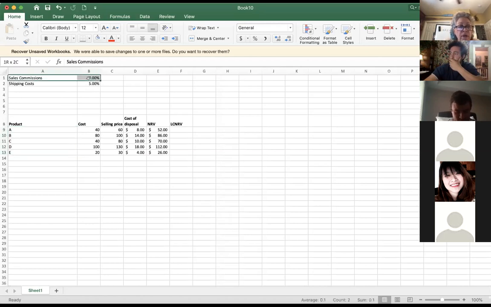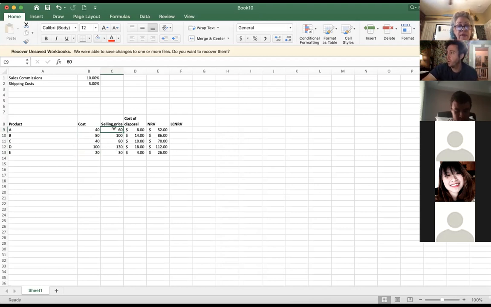So one, notice that I put the sales commission percent and the shipping cost percent into what we call an informational input box. And then I had to put in cost and selling price. You can see that those are all hard coded.